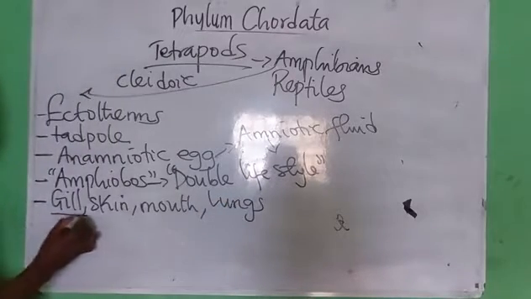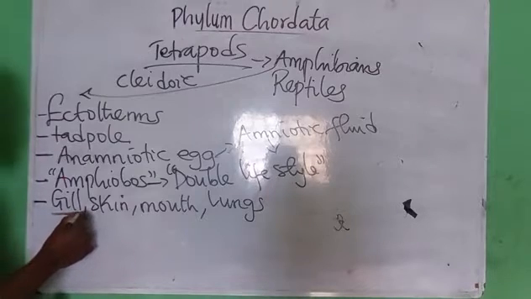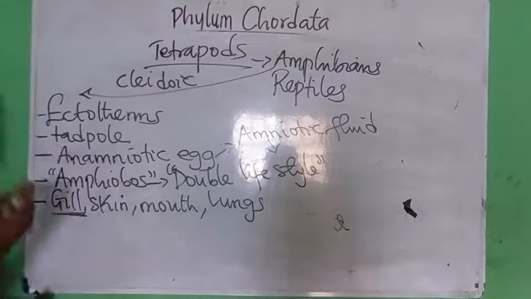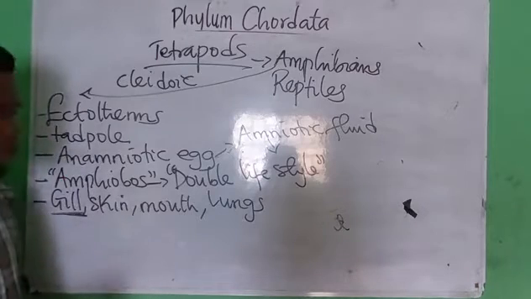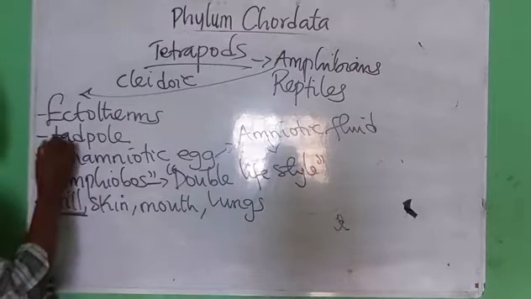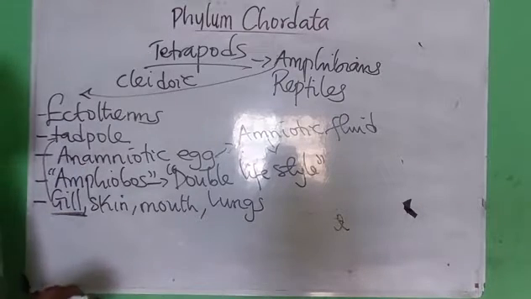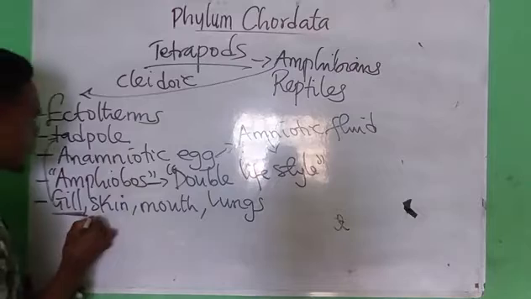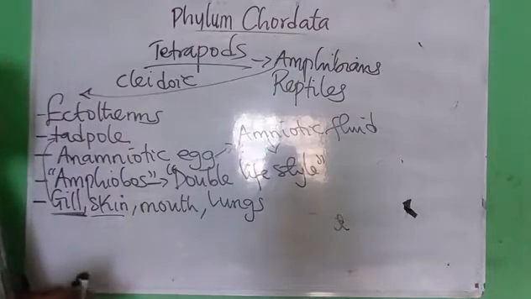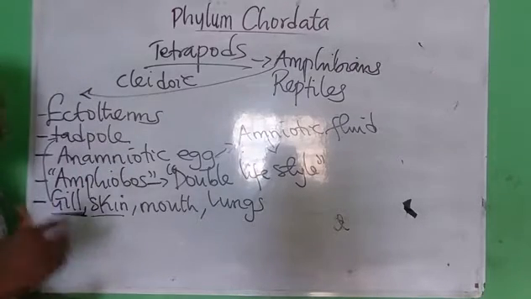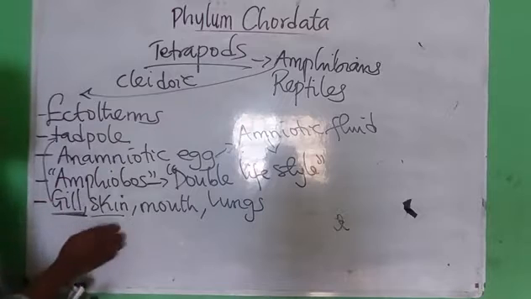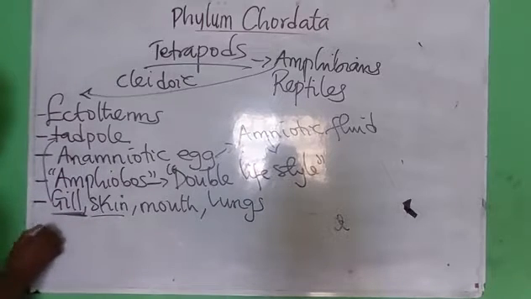Yes, the tadpole, which is the juvenile stage of amphibians, respires with the use of the gill, and the gill is situated in the tail region. An adult amphibian can actually carry out respiration through the skin.